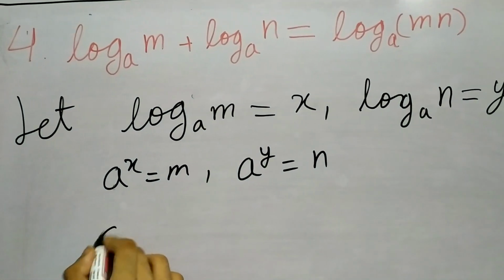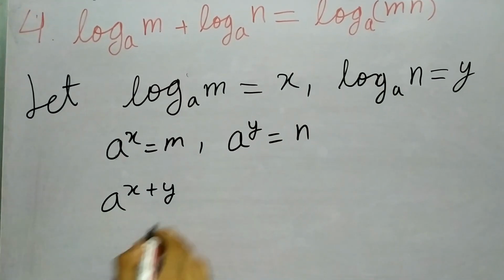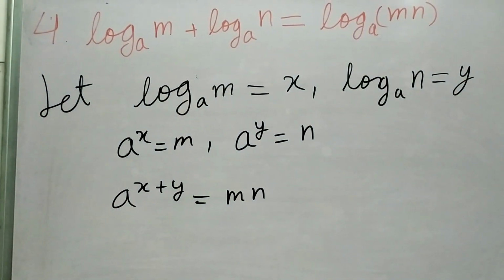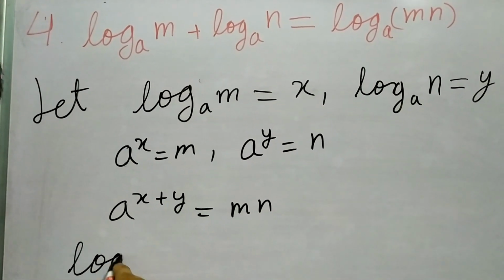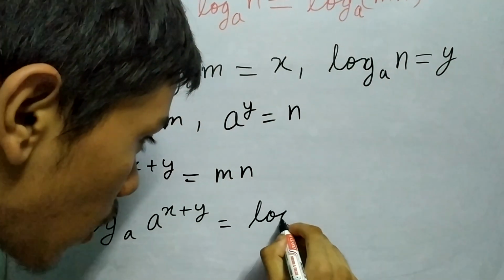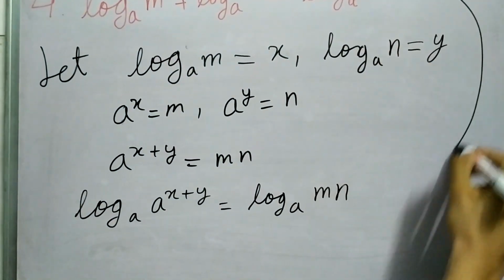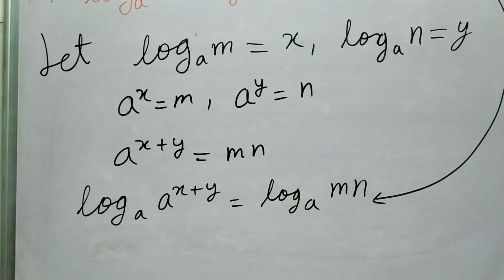So we get a to the x plus y, because when you multiply, the powers add up, is equal to mn. And now again take log on both sides. So log base a of a to the x plus y is equal to log base a of mn. Okay, we have generated a right hand side.